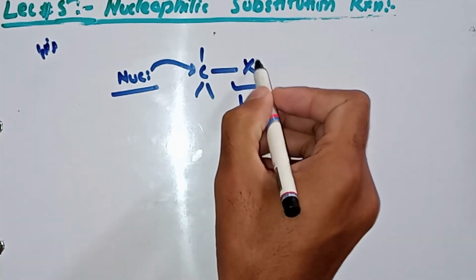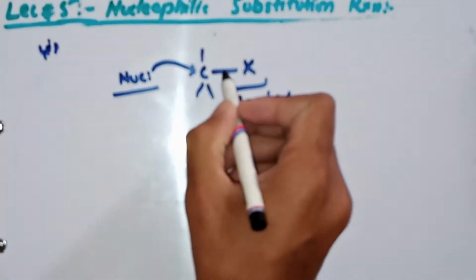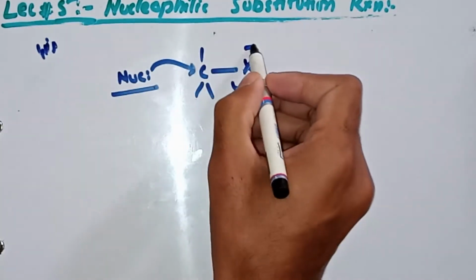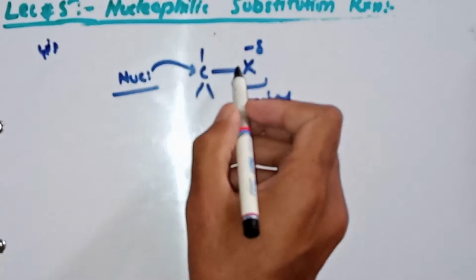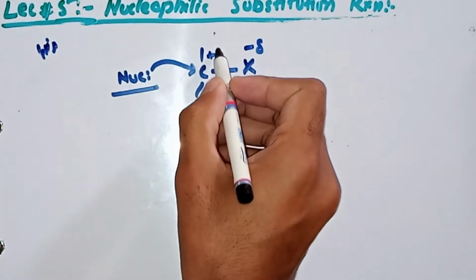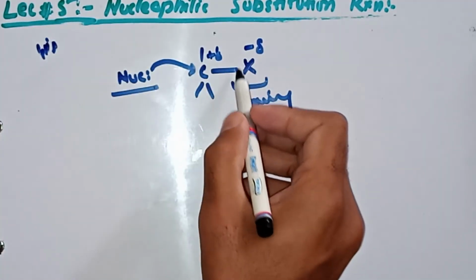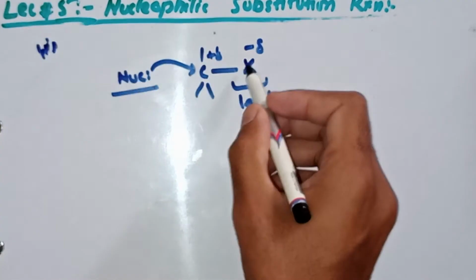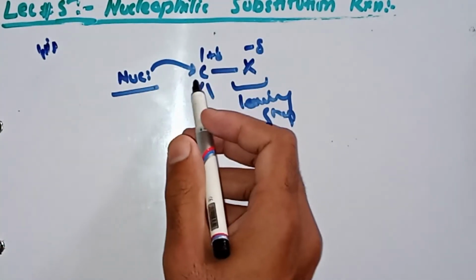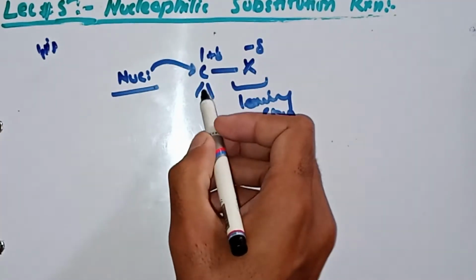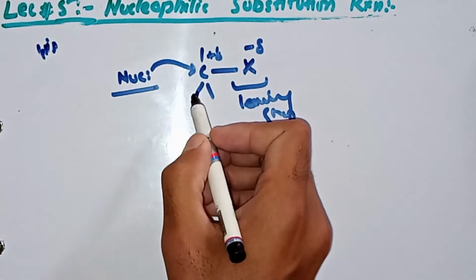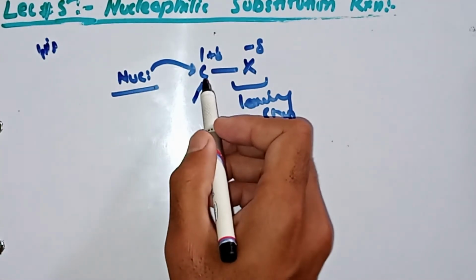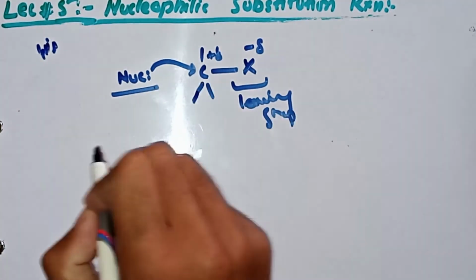Because the leaving group is an electronegative element, it withdraws electrons from this bond. As the electrons are withdrawn, the bond becomes polarized, and the carbon gets a partial positive charge. The leaving group gains a partial negative charge and the carbon a partial positive. So there is a deficiency of electrons, the electron density decreases. That's why the nucleophile can attack this carbon, which acts as an electrophile.